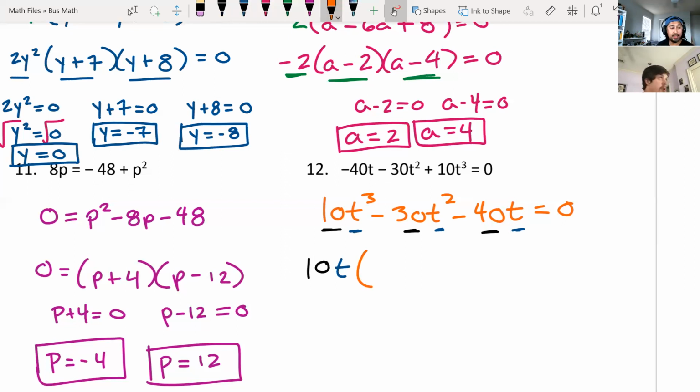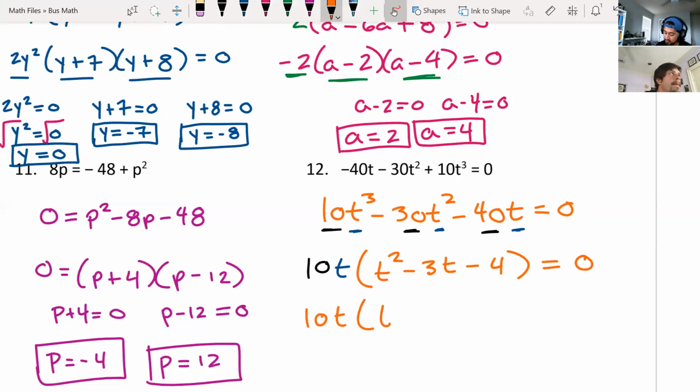And if I take out a 10t, we'll be left with t squared minus 3t minus 4 equal to 0. And we just have to factor the inside. Bring the 10t down. And again, the inside trinomial is one of the easy ones to factor. It's minus minus.